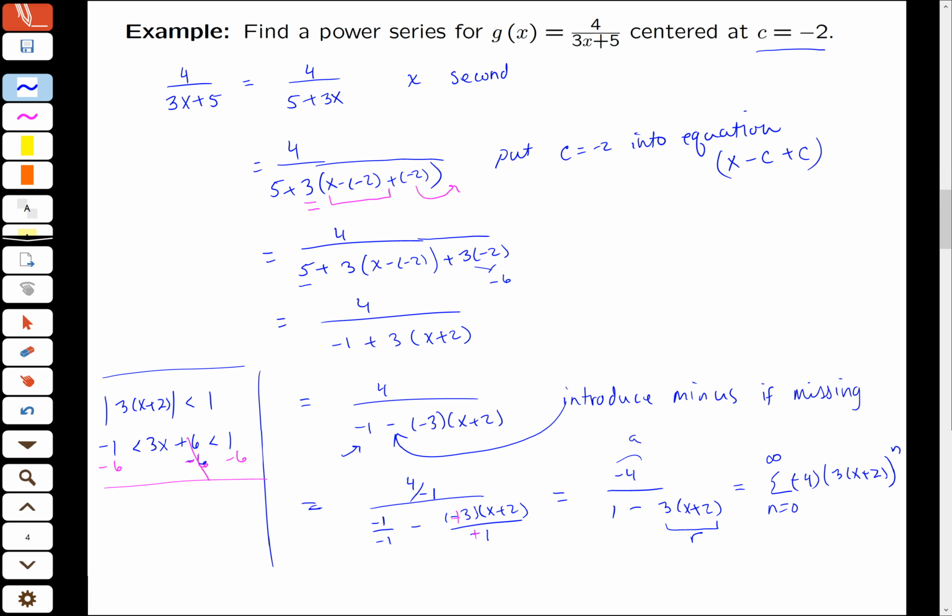And we have a negative 7 less than 3x is less than a negative 5. Divide by 3. And I have negative 7/3 is less than x is less than negative 5/3. And there's the interval of convergence. There's our power series representation.